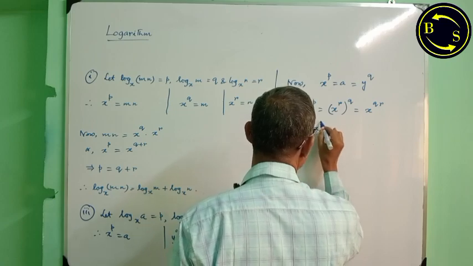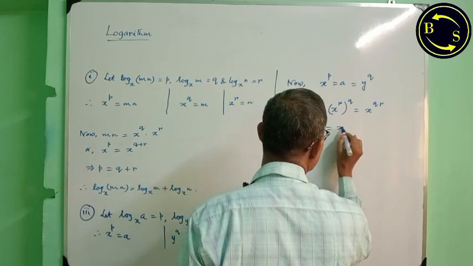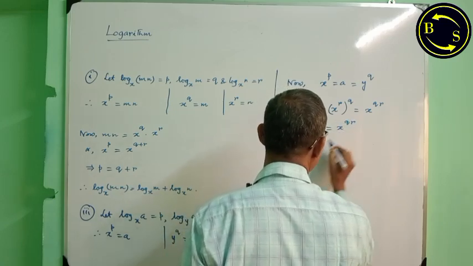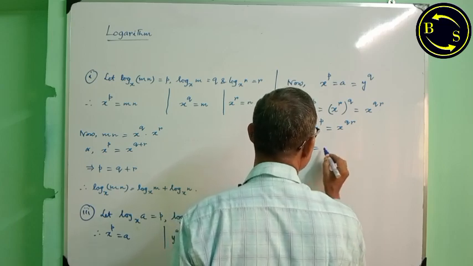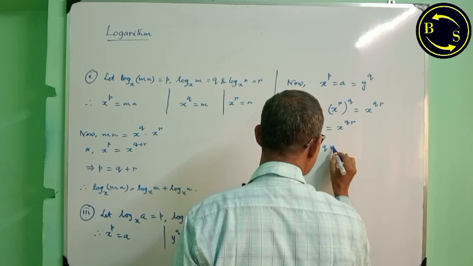Therefore we get x to the power p is equal to x to the power qr. Therefore p is equal to qr, since bases are equal, powers will be equal.